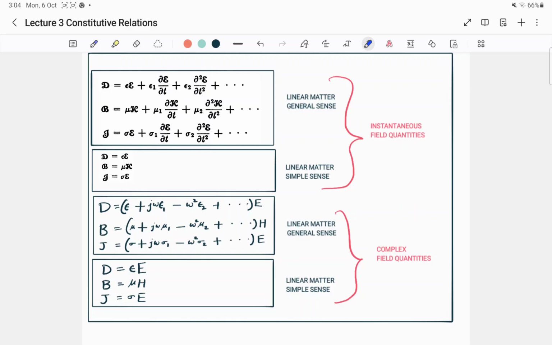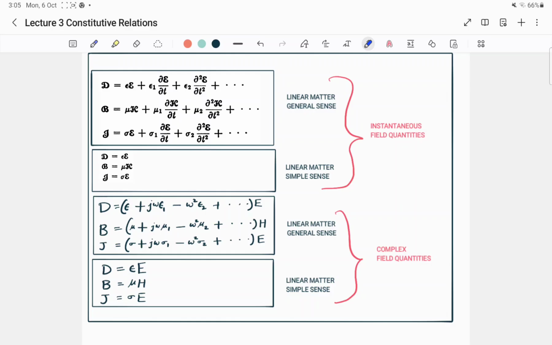Apart from this, of course, admittivity and impedivity are covered, and the characteristics of the medium for linear matter, for free space, and for non-magnetic as well as magnetic materials are also covered.